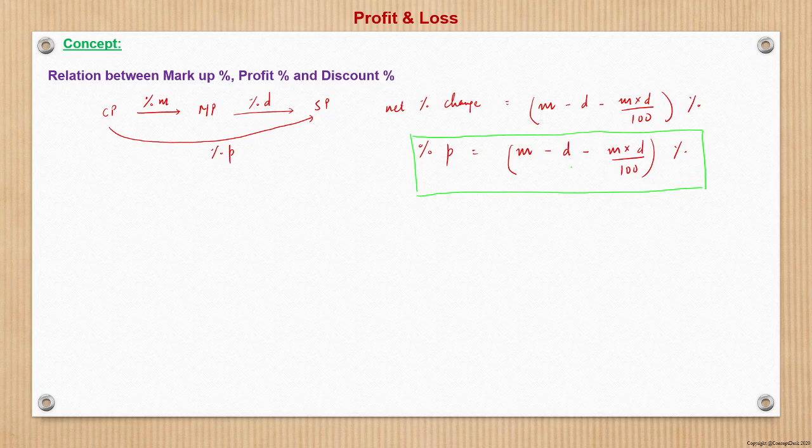Even if we don't, it's a very straightforward thing. And going forward, we never use this. What we use is a very simple concept of the multiplying factor, which we have been seeing so far in the previous discussion on profit and loss. So let us try to understand the same concept in terms of the multiplying factors.